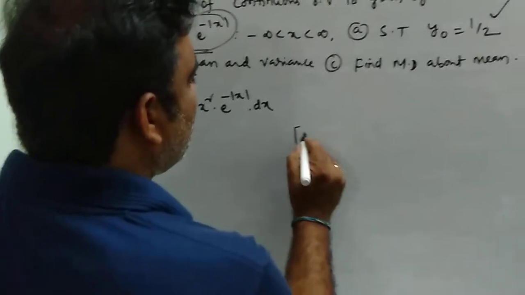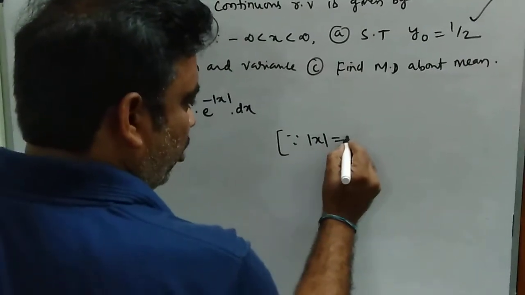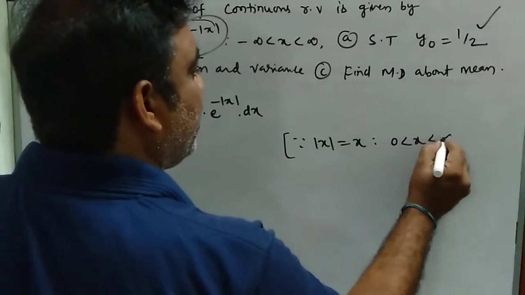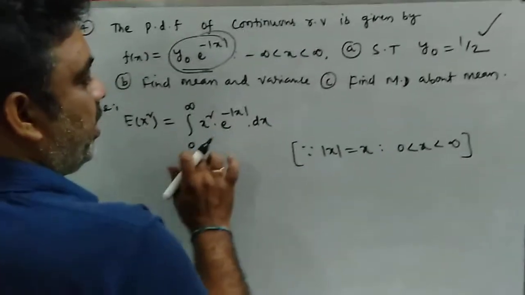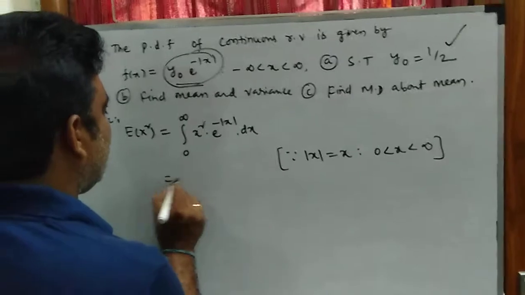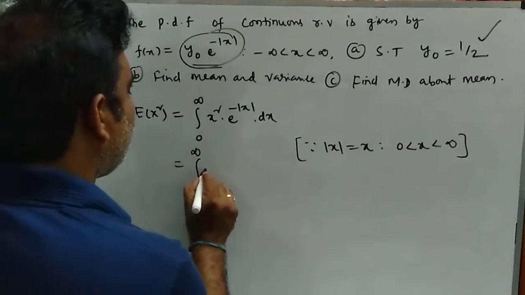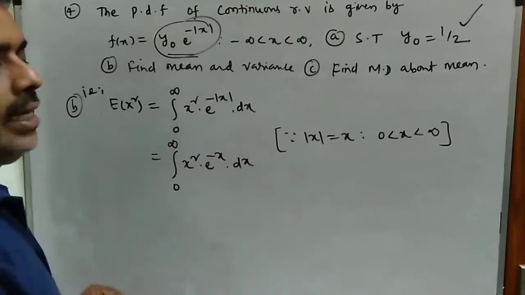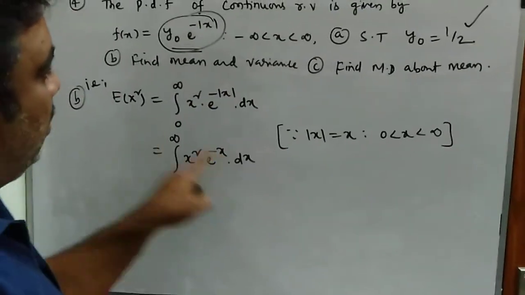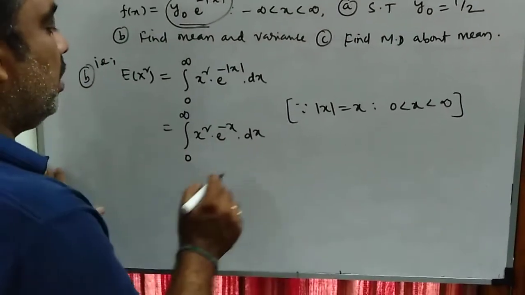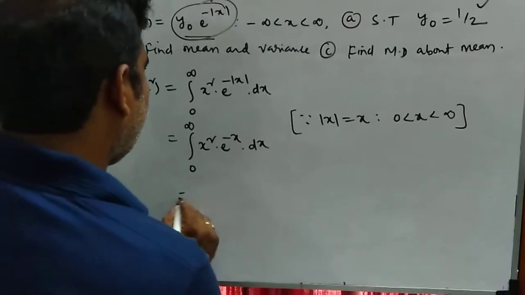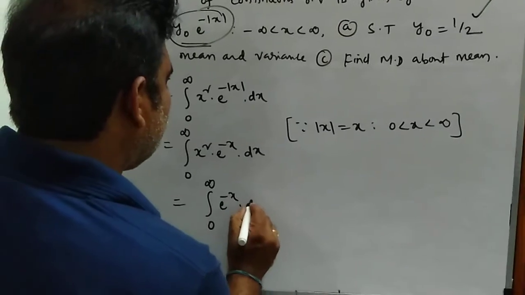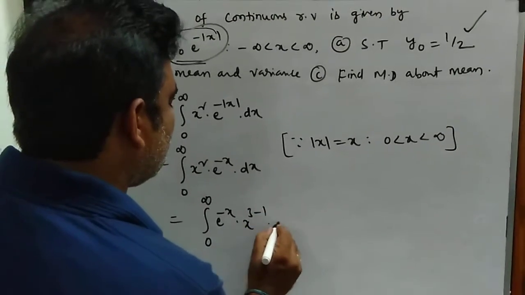But what is the note? We have mod x is equal to x when x lies between 0 and infinity. So I can write 0 to infinity x square into e power minus x dx. Now we have to find this integral value, 0 to infinity e power minus x, x power 3 minus 1 dx.